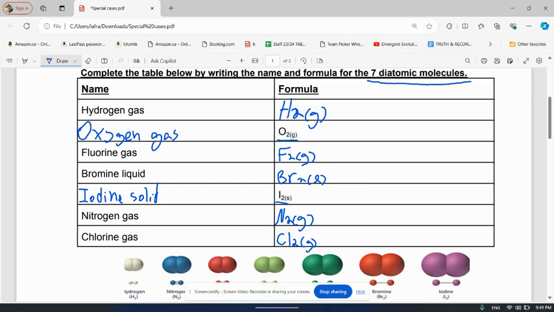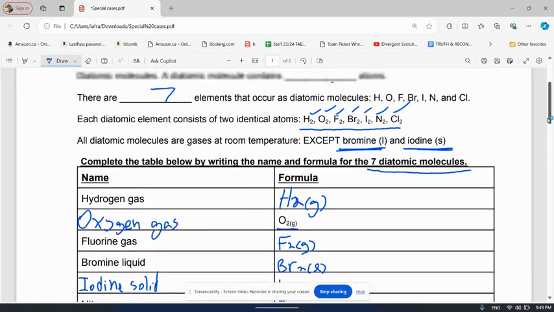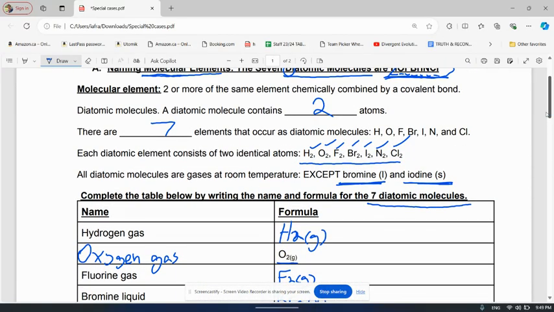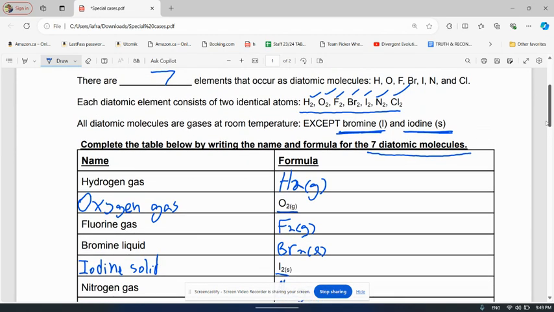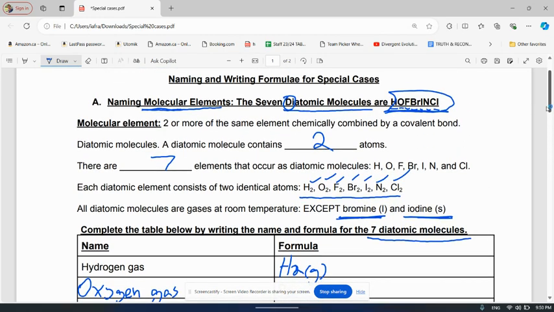Remember that they're the Hofbrinkel elements. They're not compounds because they're two of the same element connected to each other. So that's one special case of naming. They don't really get a modification other than the fact that we tell you what state they're in at room temperature, and that's their most stable state.